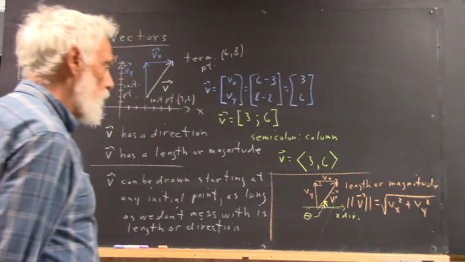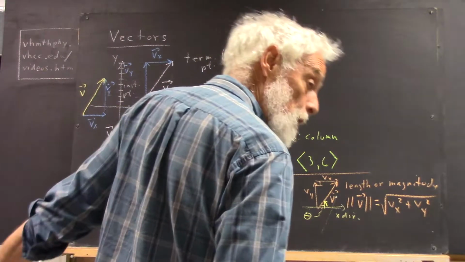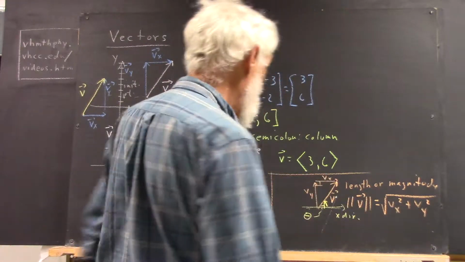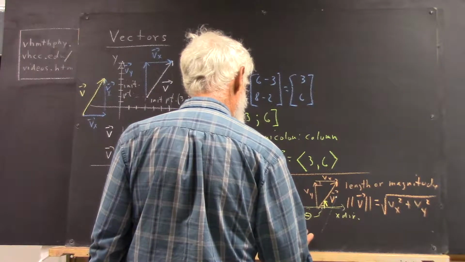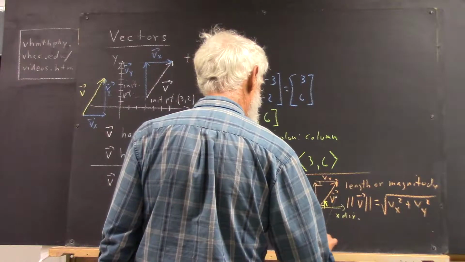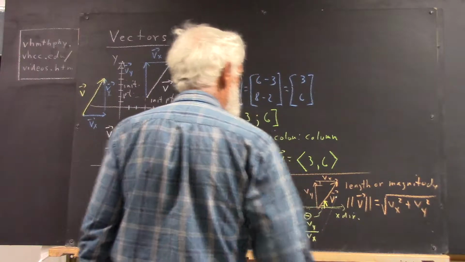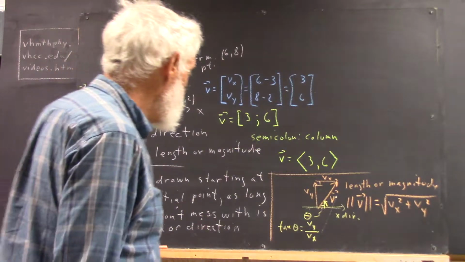And here's the angle theta, the angle of the vector. And from simple right angle trigonometry, you know that the tangent of theta is, well, it's going to turn out that it's Vy over Vx. Now, how do I get that?